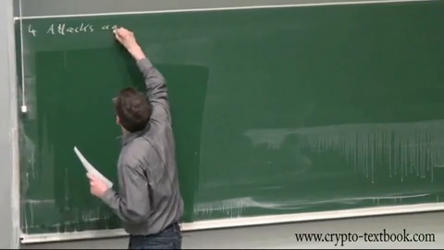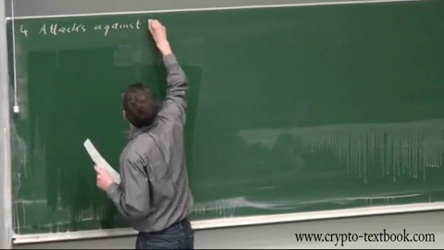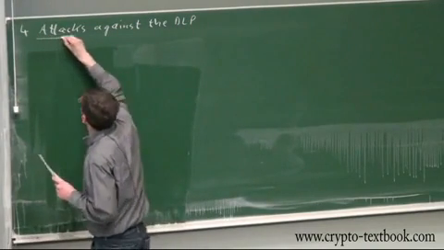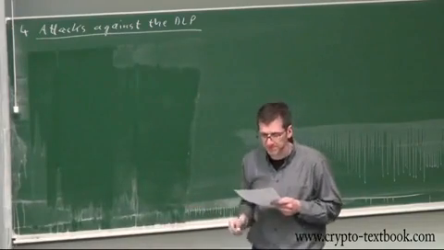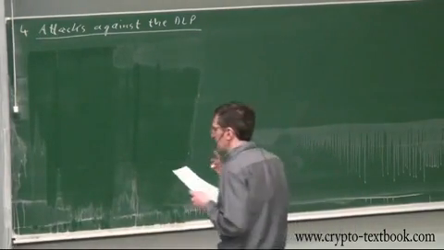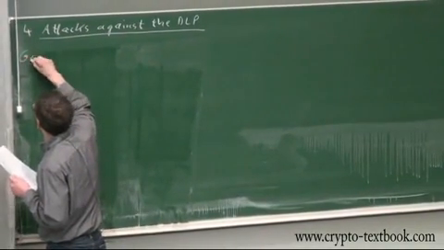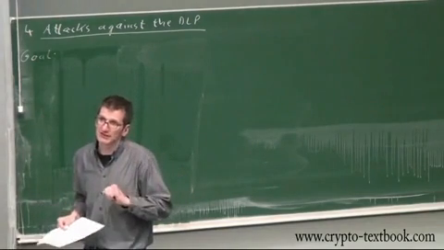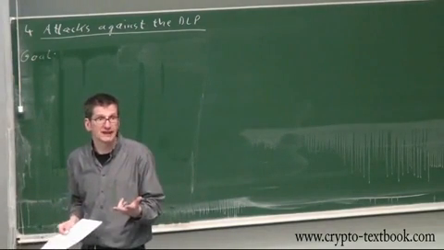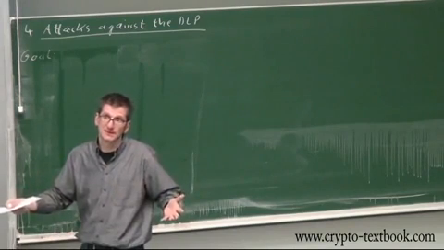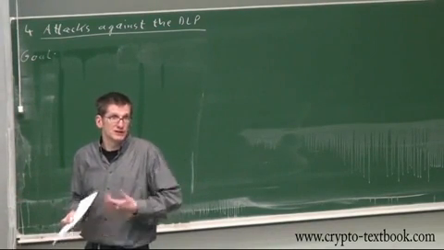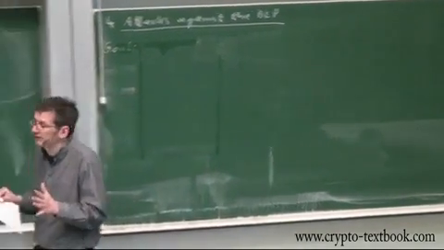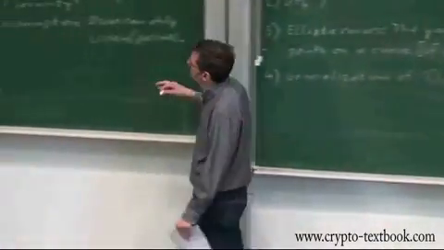Attacks against the DLP. Yeah, and I can tell you why we talk about attacks here: if you have a powerful attack, you will see we need really long bit lengths. If the attacks are really poor, if Oscar doesn't have powerful algorithms, we can choose smaller parameters and we probably get faster crypto systems.